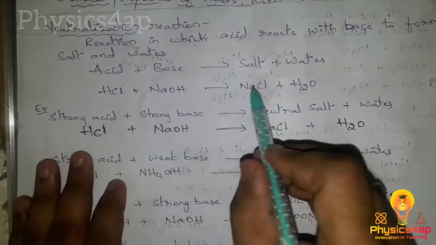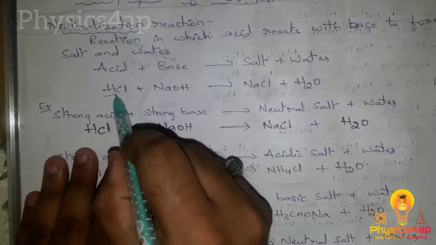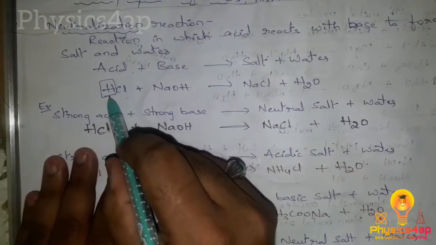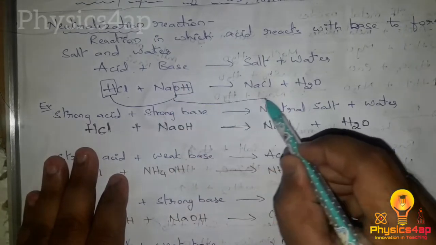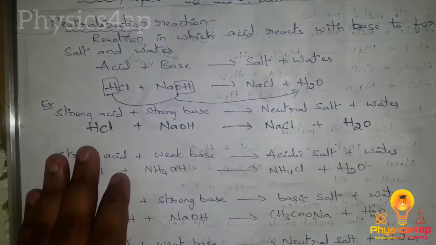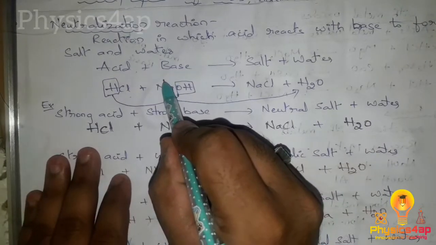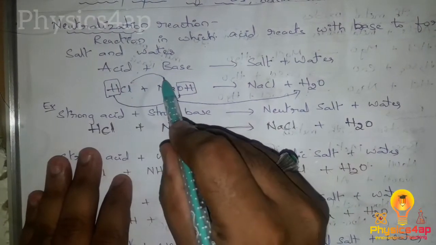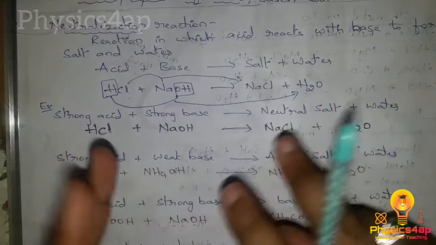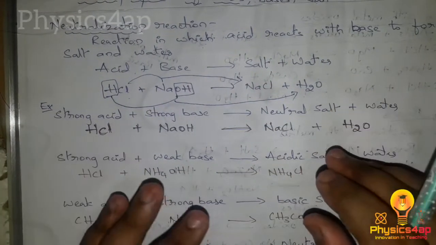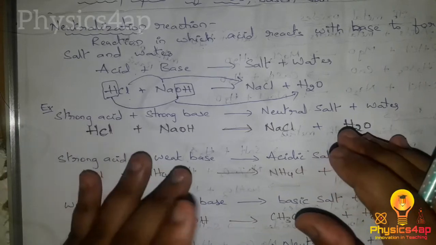As you can see, this is a double displacement reaction: the hydrogen present in HCl reacts with OH to form H2O, and at the same time Na combines with Cl to form NaCl. Here two are being displaced, so we get a double displacement reaction.